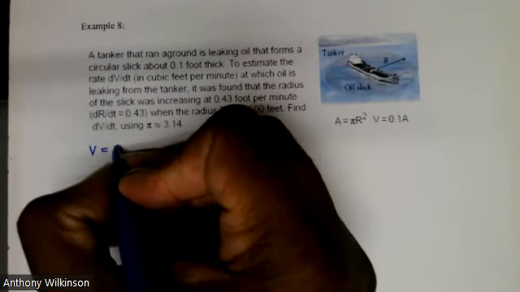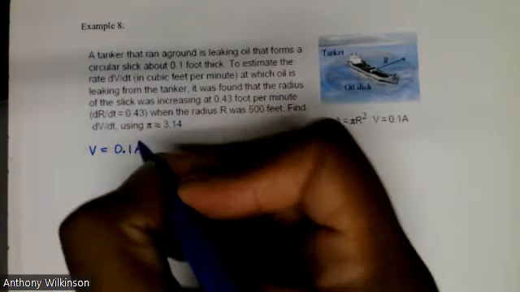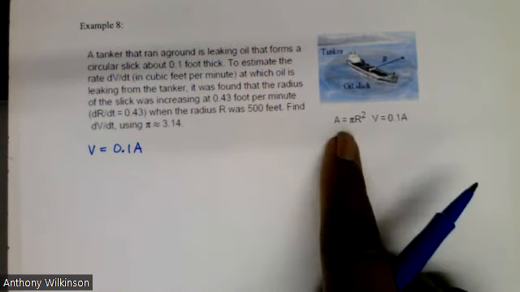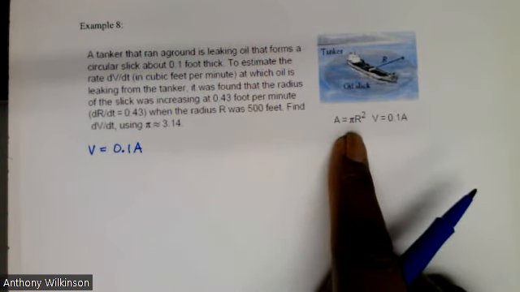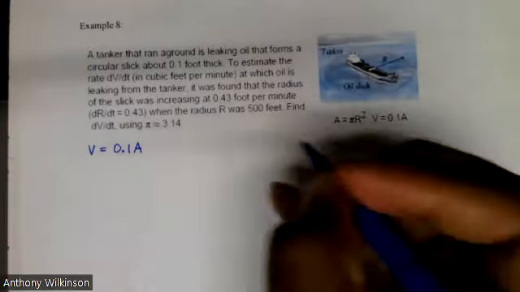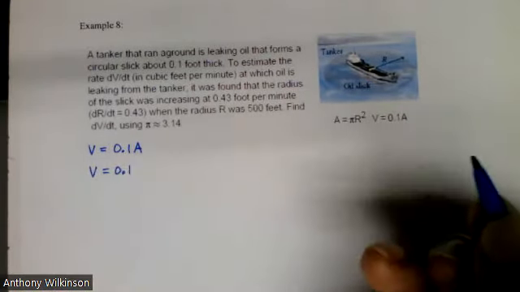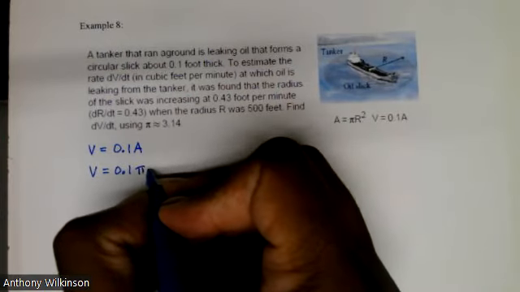The V is equal to 0.1 times A. Now, of course, it is a circle, by the way. So that means your area of the circle is going to be pi r squared. That's given to you. So we just substitute that A with pi r squared.